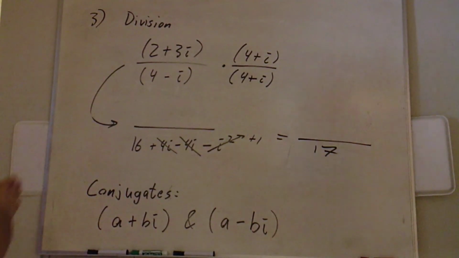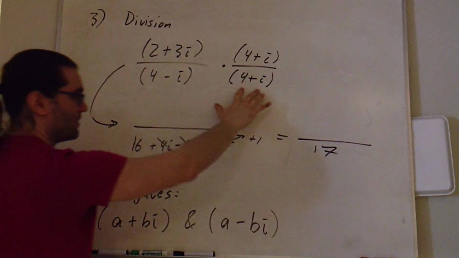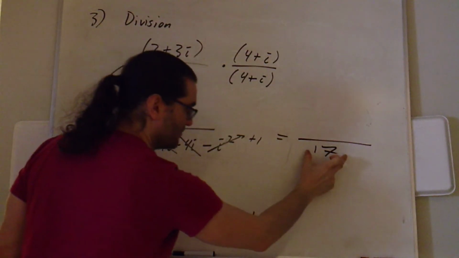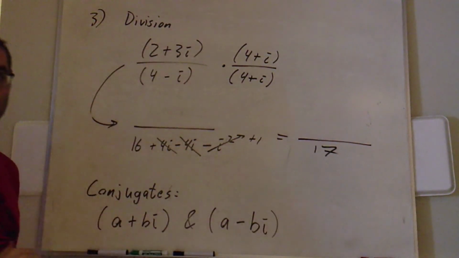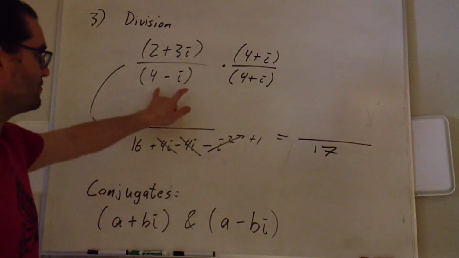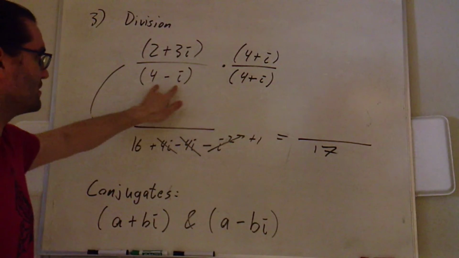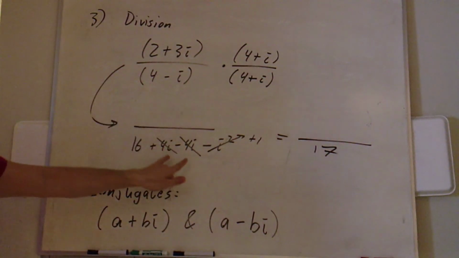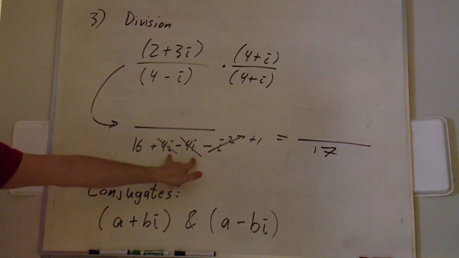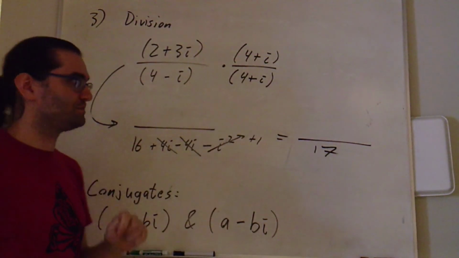Instead of dividing by a complex number, which has two pieces, after I multiply by the conjugate, now I'm just dividing by a real number that has one piece. And this will always happen every time if you multiply by a conjugate. The power of multiplying a complex number by its conjugate is all of the i pieces will cancel, and you'll just have a real number.